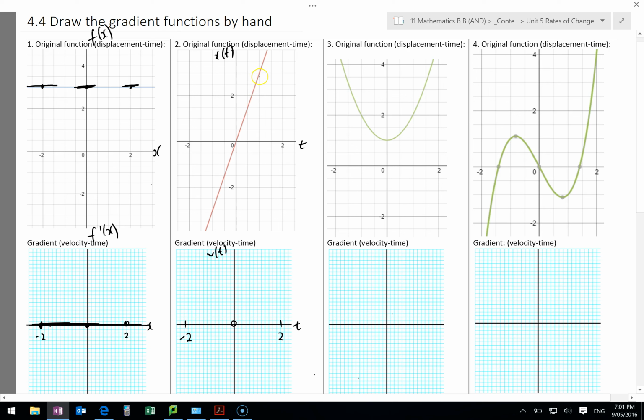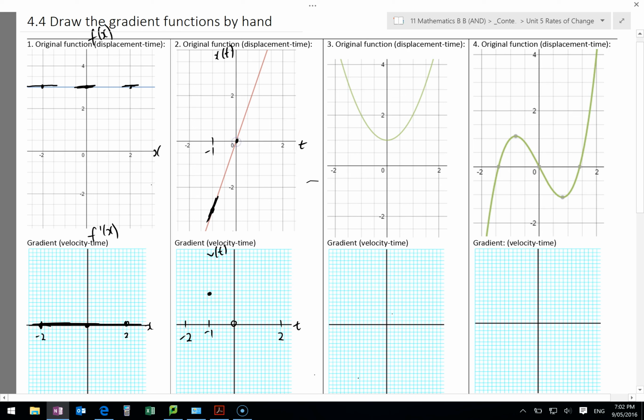I probably typically won't do a rise over run to calculate the actual value. All I'd note is, so I can't see it at -2, maybe I'll find it at -1. I'll put a point here, examine the slope, I notice that it's some positive value. So I'd mark some positive value there.